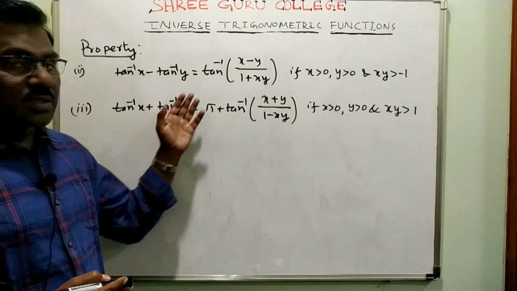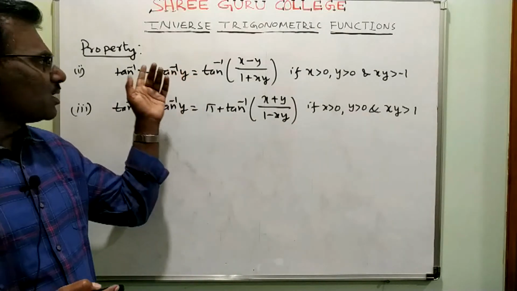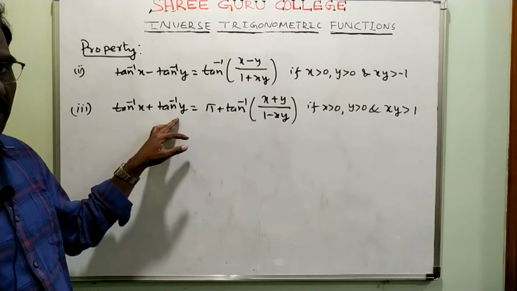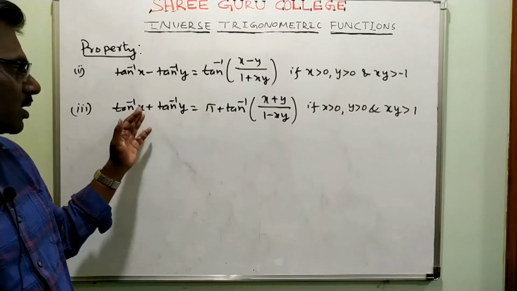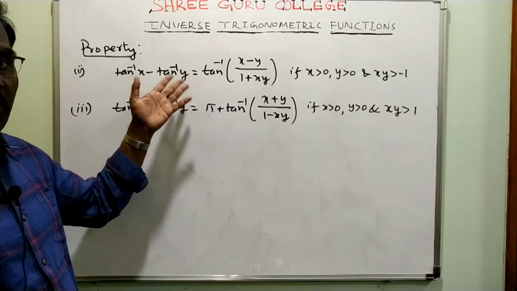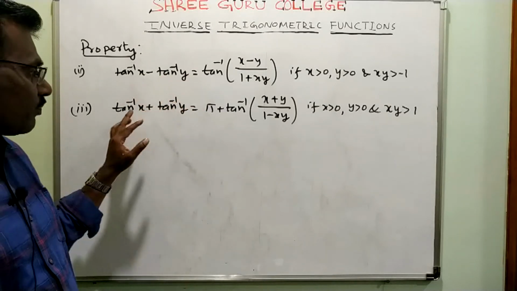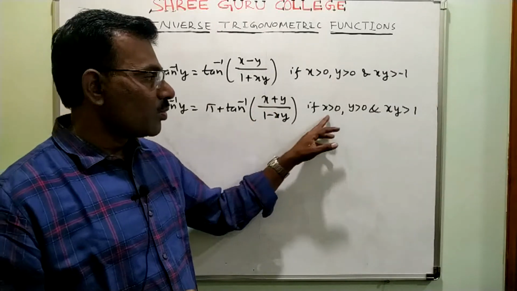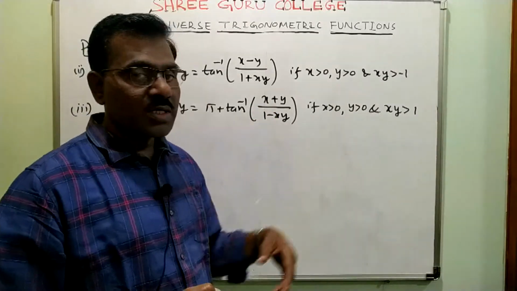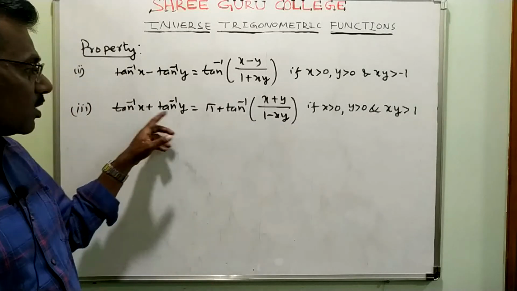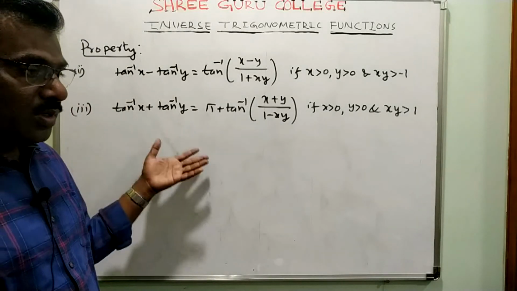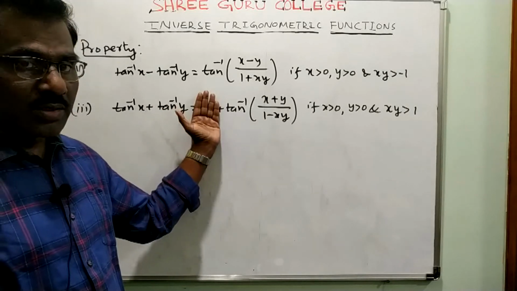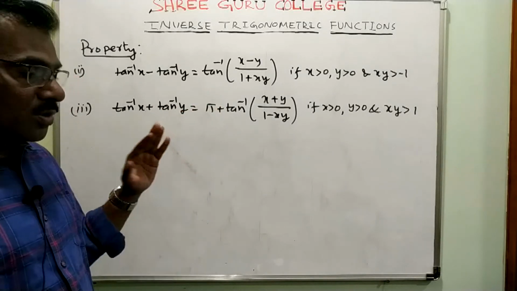This is another formula; you can do it as homework, since A and B are very simple. I am giving it without derivation. Both x and y are positive and xy is greater than 1. Suppose xy is greater than 1, then pi is added; if xy is less than 1, you have to remove that pi. Okay, this is also an important property.